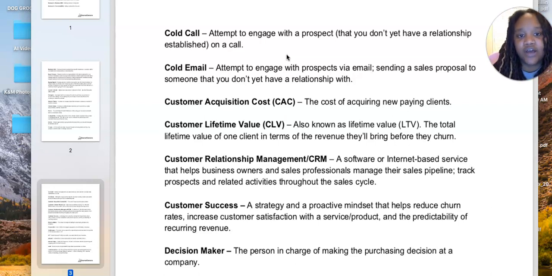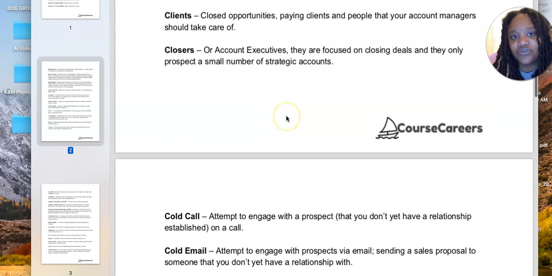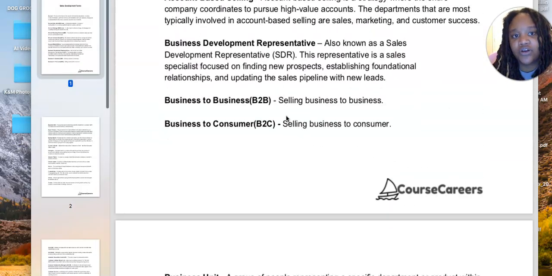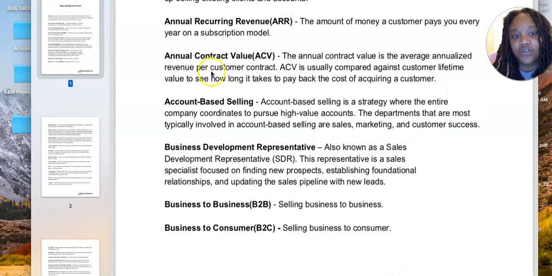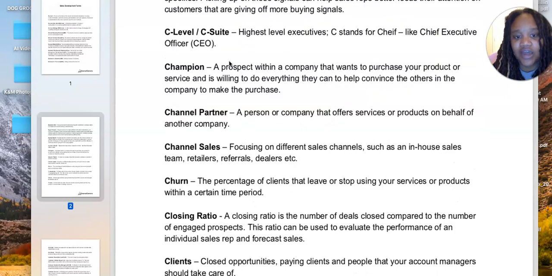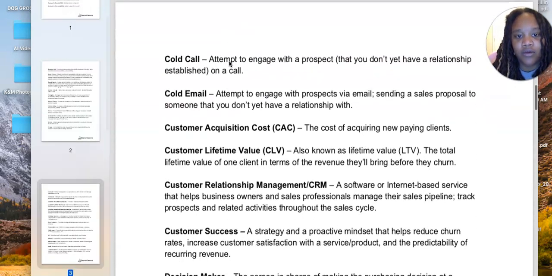Okay, next we have customer acquisition costs. This is kind of similar to what we talked about earlier. This relates to the annual contract value, which is kind of part of the customer acquisition costs. So every time you acquire a new client, 9 times out of 10 that is costing the company, right?